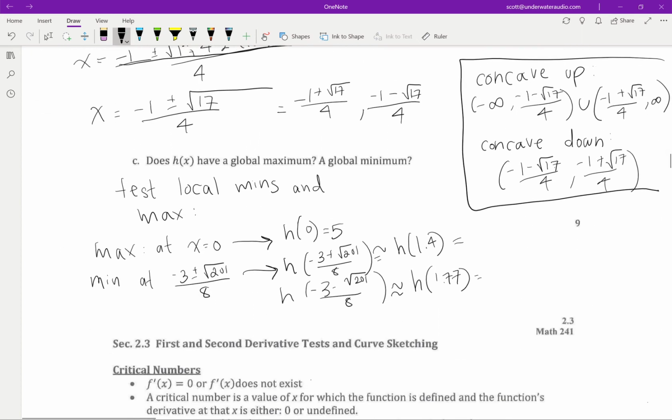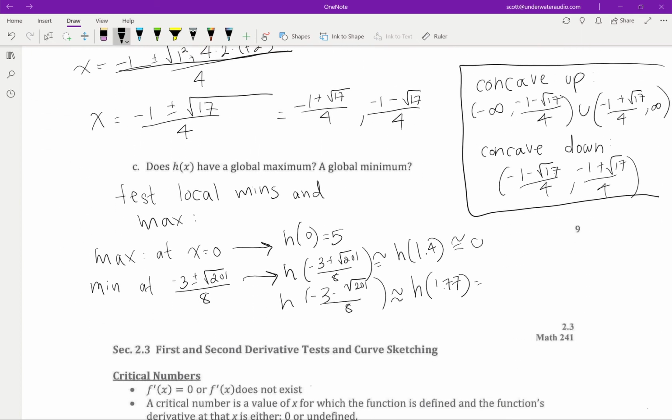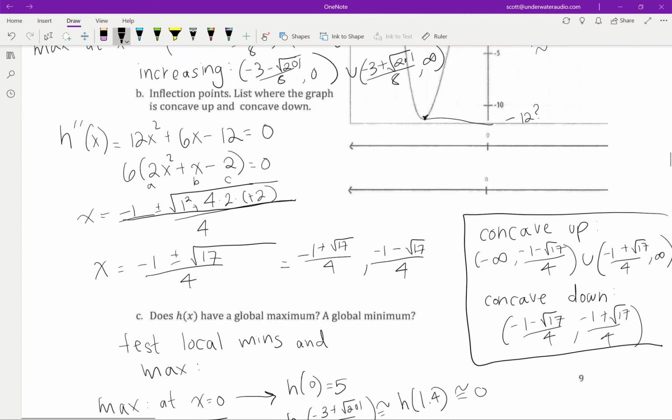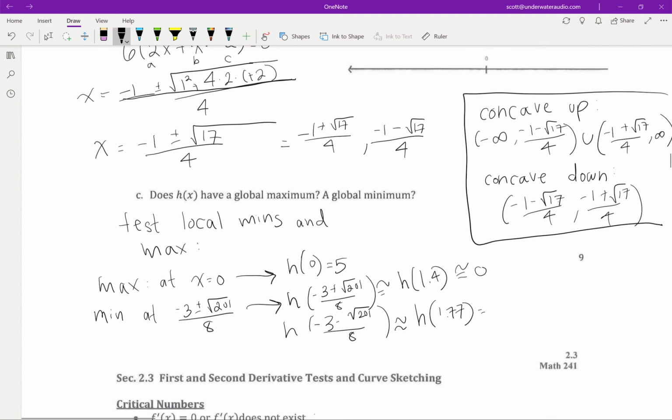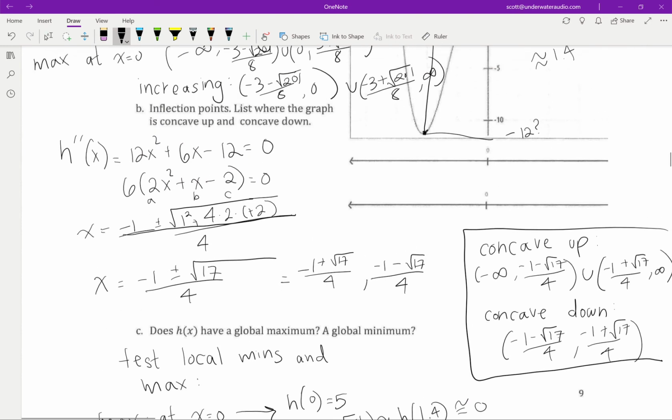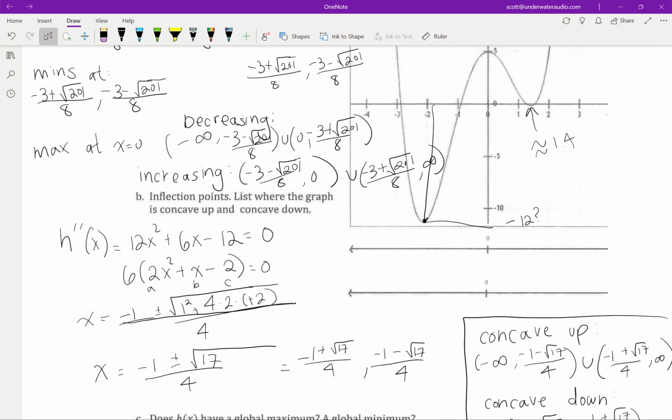So we're just going to say this is roughly 0. And then 1.77, I would plug 1.77 in, and I should get some number out that's roughly negative 12. That's important. Yeah, negative 12.